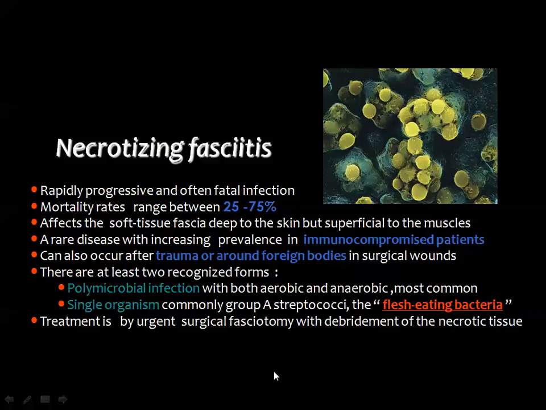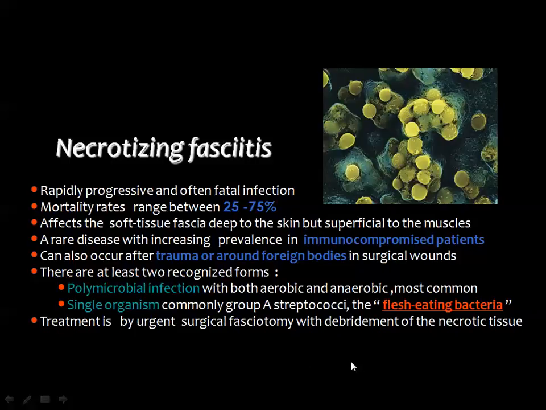And finally, we have some words about necrotizing fasciitis, which is a progressive and often fatal infection of the soft tissues of the neck with a considerably high mortality rate ranging from 25 to 75%.